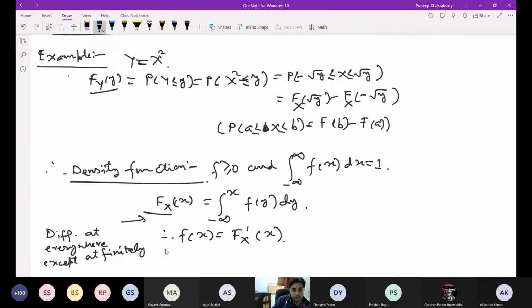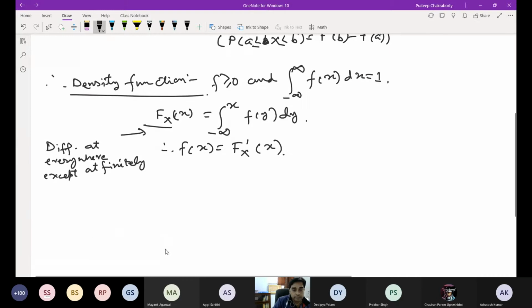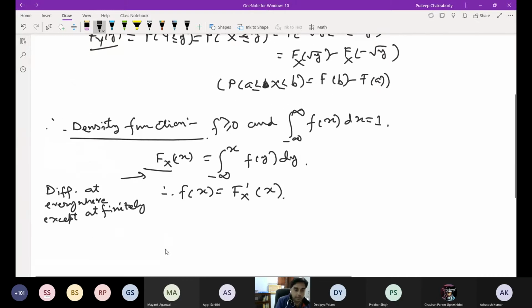Then we can take the differentiation and get back the density function. All these things we did in the last class or before that. So the density function is the derivative of the distribution function.